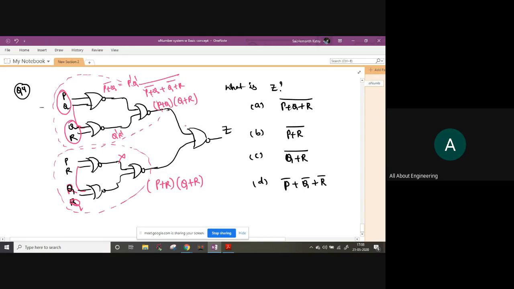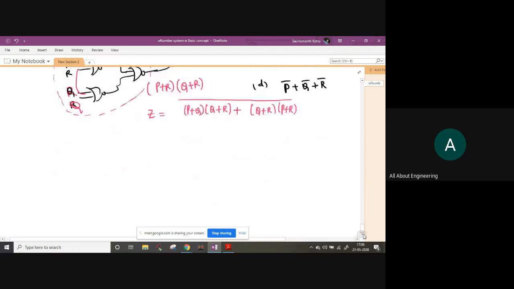So now you directly came to this part. So now Z will be P plus Q and Q plus R, plus Q plus R and P plus R, whole bar, A plus B whole bar. So if you solve this, it is enough.